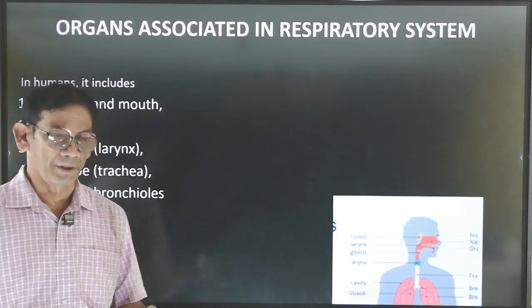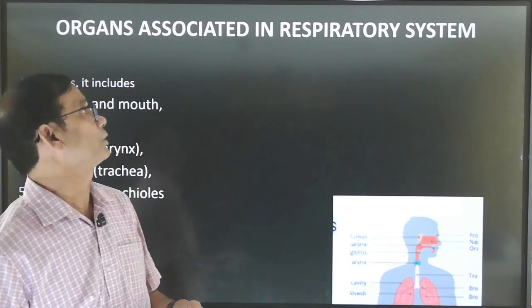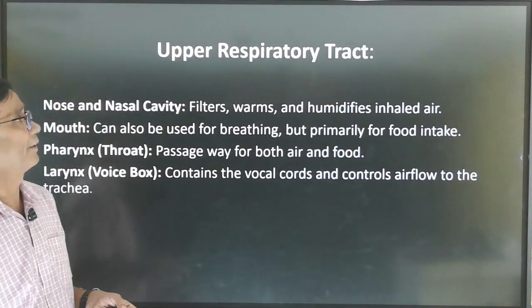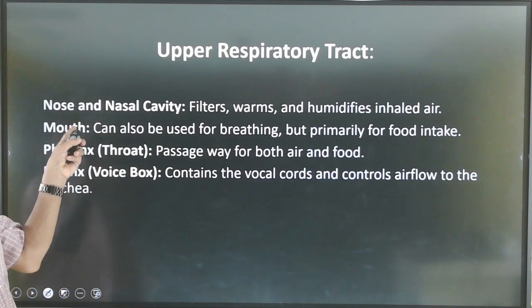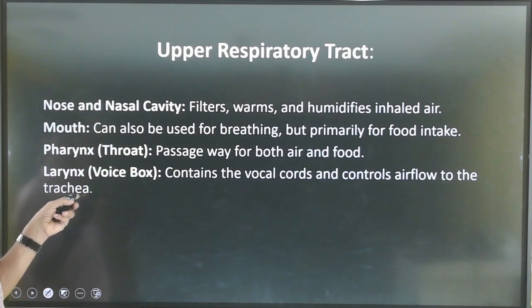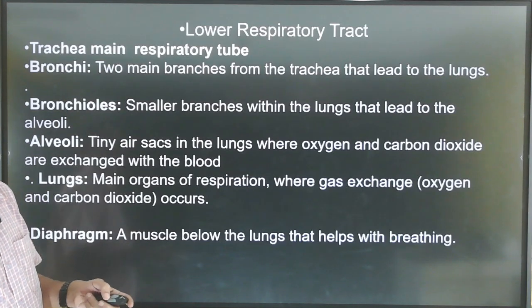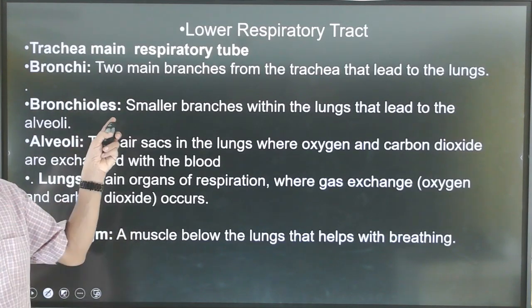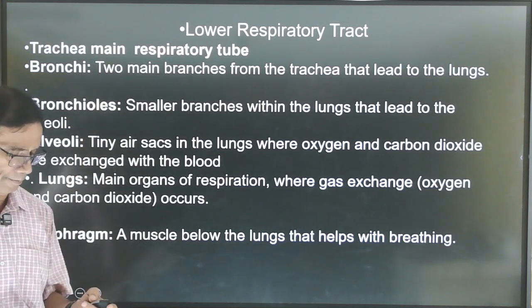All the organs associated with respiration can be divided into two parts. The first is the upper respiratory tract, which includes the nose and nasal cavity, mouth, pharynx and larynx. The lower respiratory tract contains the trachea, bronchi, bronchioles, alveoli, lungs and diaphragm.